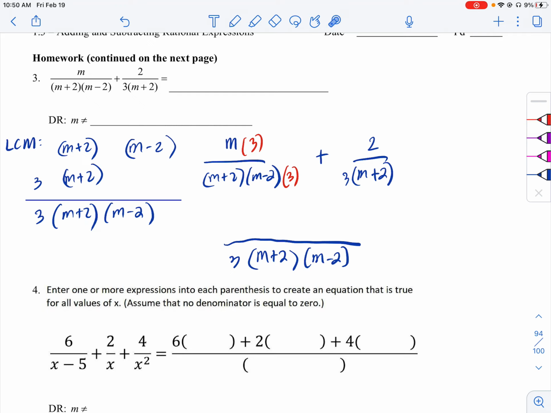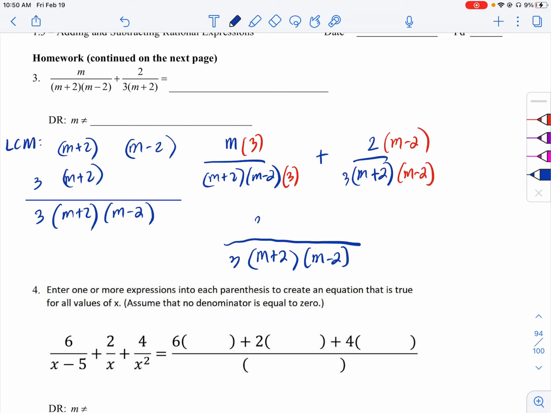Moving on with the other one. This one has a 3. It has an m plus 2, but it doesn't have m minus 2. So I'm going to multiply that and multiply that. Okay, so m times 3 or 3 times m is 3m, plus I can distribute this. 2 times m is 2m, 2 times negative 2 is negative 4.